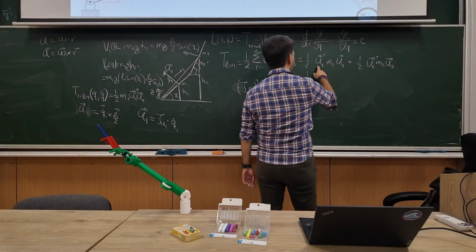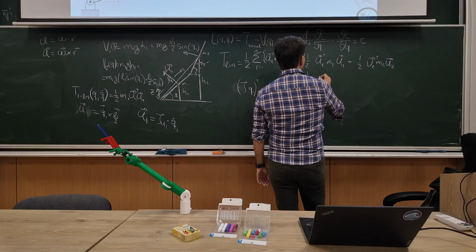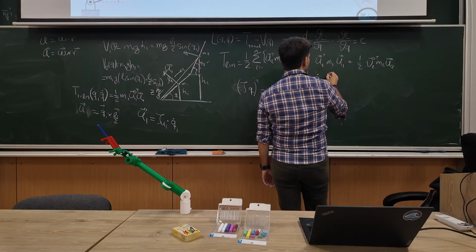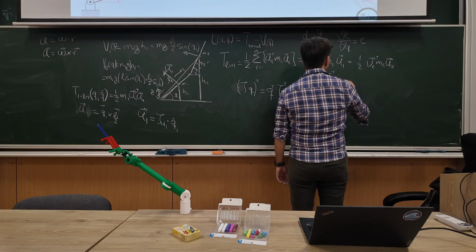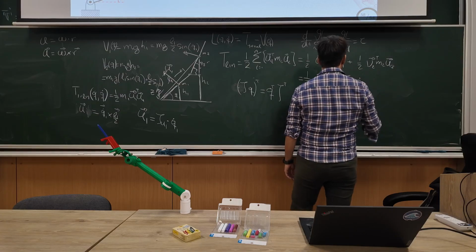All right, so here I will have Q1 dot, which is a scalar so I don't have to transpose, times J_U1 transpose M1 J_U1 Q1 dot, right?